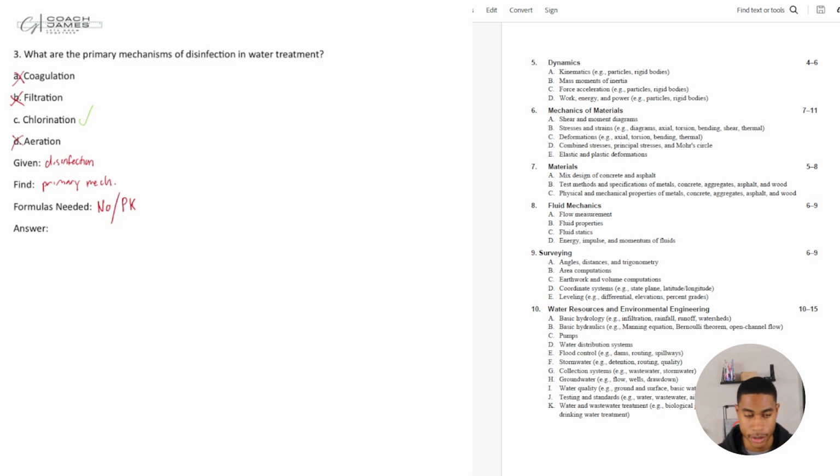It'd be good probably for me to know what aeration is. I do not know what aeration is. I might do a quick search. Let's see what aeration is.